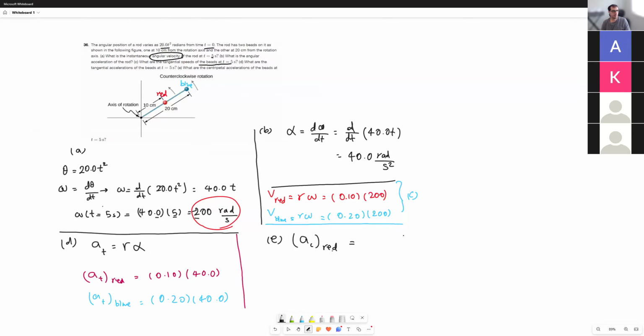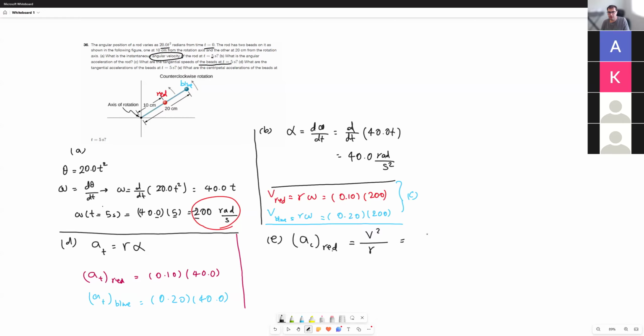Is there such a thing? No. The only V that you have is tangential, tangent to the path. The path is circular, and the only speed you have is tangential. So you do V squared over R, and you don't need to label it tangential or centripetal because there is no V centripetal.